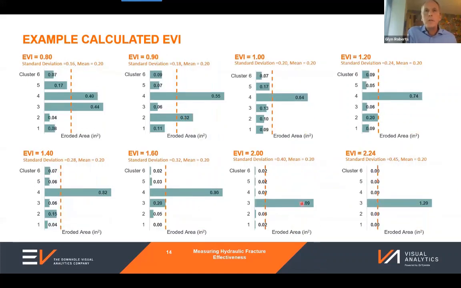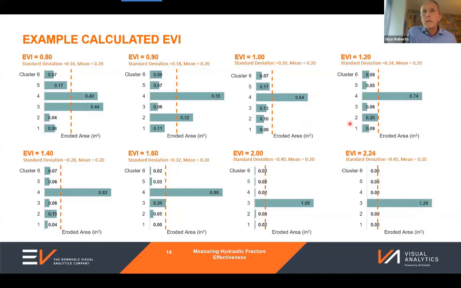And this process continues. It doesn't stop at 0.7. We can go all the way on until the maximum value is reached when one cluster has all the eroded area, or if you like, one cluster has taken all the proppant, or possibly all the fluid, and nothing else in the others. And that's where we reach our maximum.